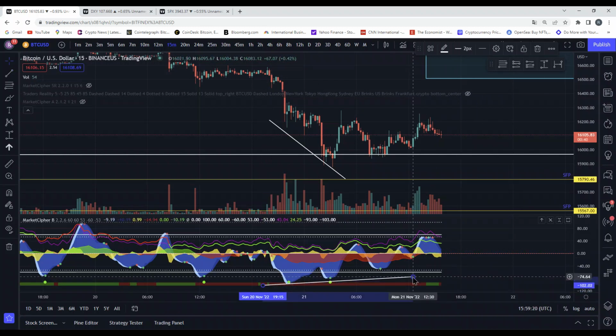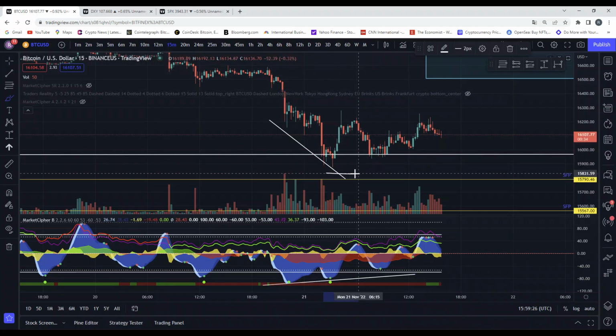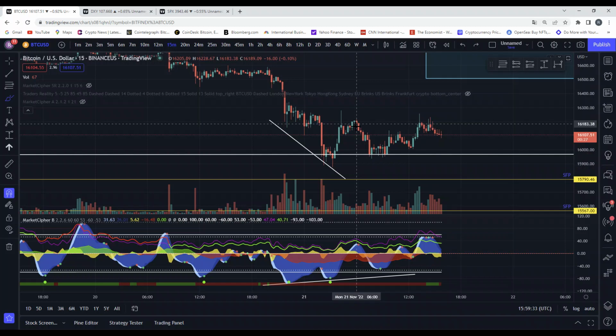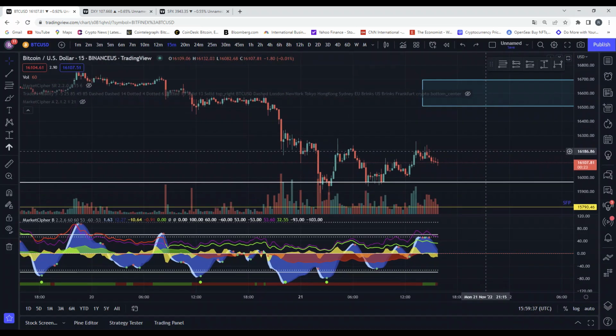That is actually nice to see. Money flow was not really coming up yet, but if you would have taken the trade and put your stop loss just underneath this candle, you would have been in profit the entire time. You could have taken profit. So that would have been a nice trade, but that was Sunday night for me, so I didn't trade it at all.